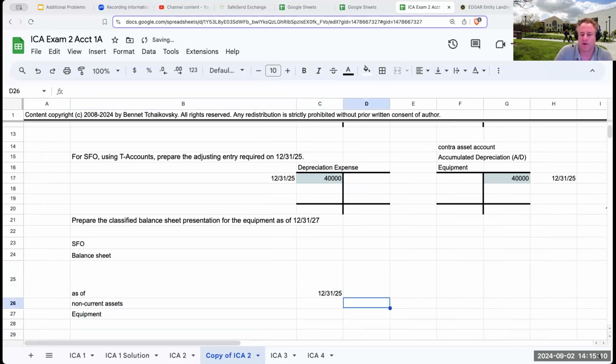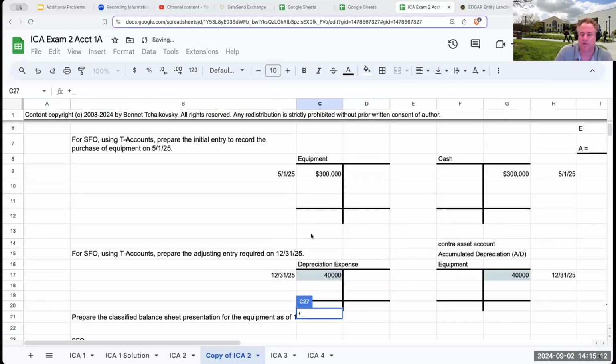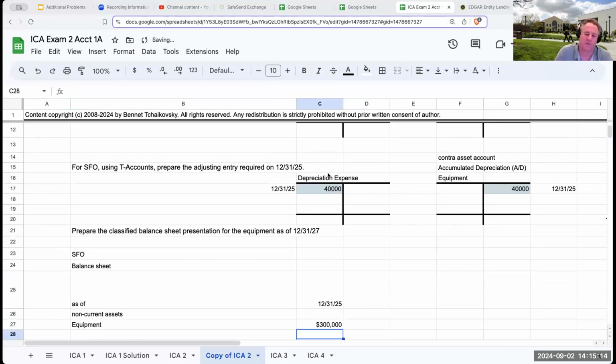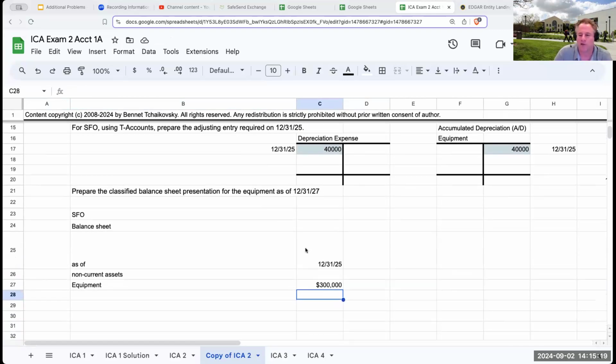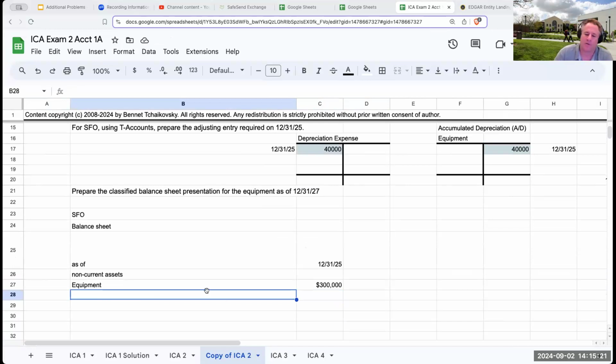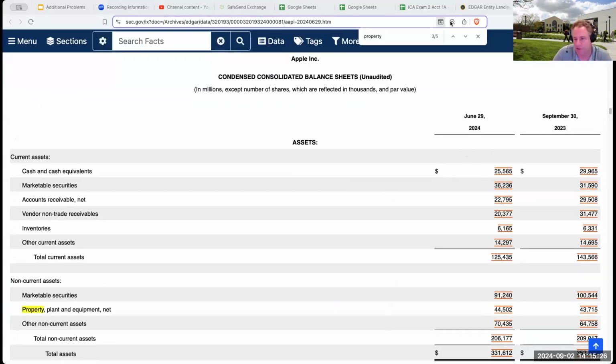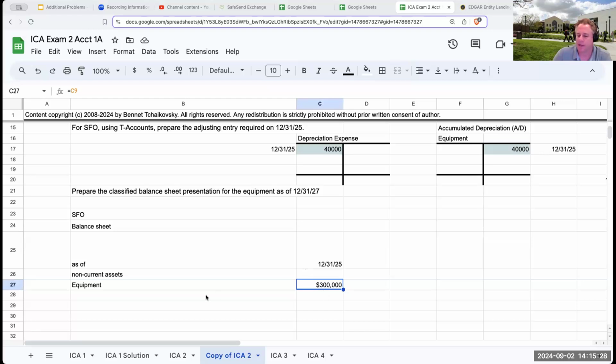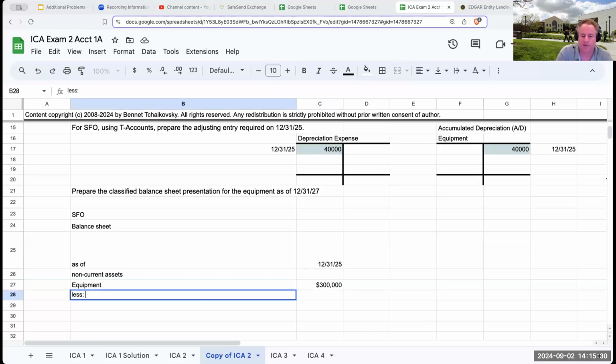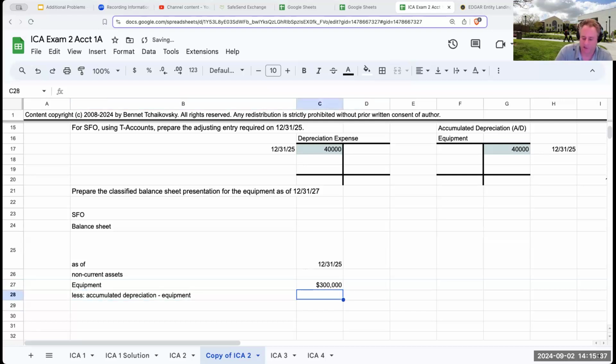Basically, equipment here has a balance of 300,000. Remember, this balance is going to stay there until we sell it or otherwise dispose of it. Now, remember, we don't write debits or credits on balance sheets. But over here, we're going to say less accumulated depreciation, equipment as of 12/31/25, of $40,000.